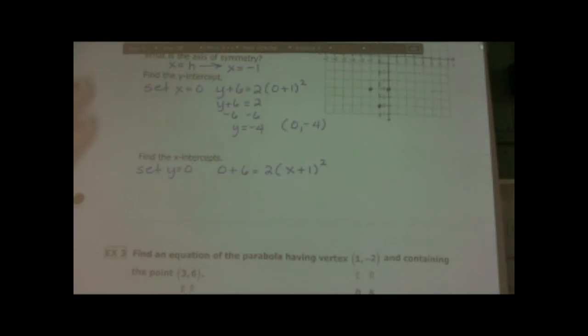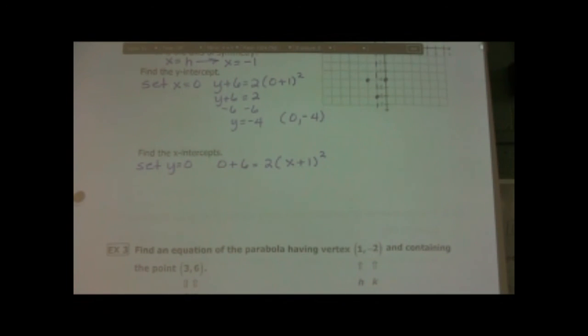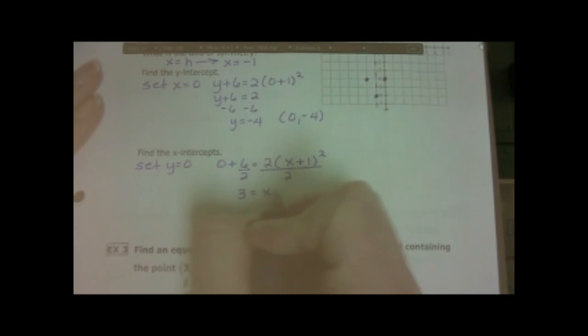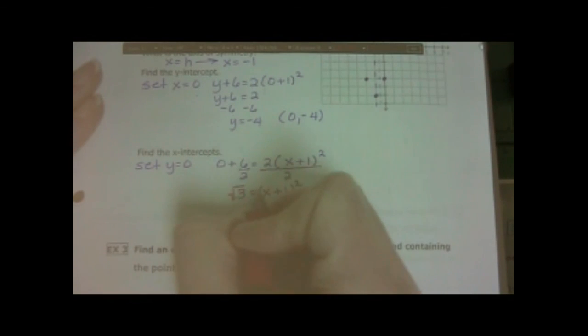And remember, the method that's easiest to use here, some of you will still choose to do the quadratic formula. Let's do the tail end of completing the square because it's set up beautifully for that. Divide both sides by the 2. And I've got 3 equals (x plus 1) quantity squared. At this point, square root both sides.